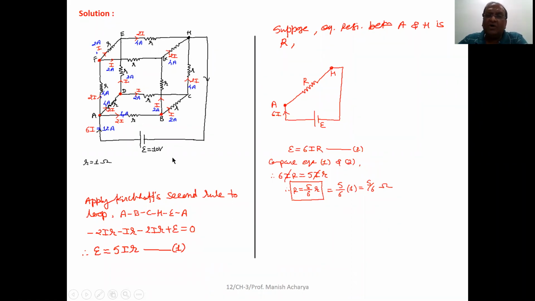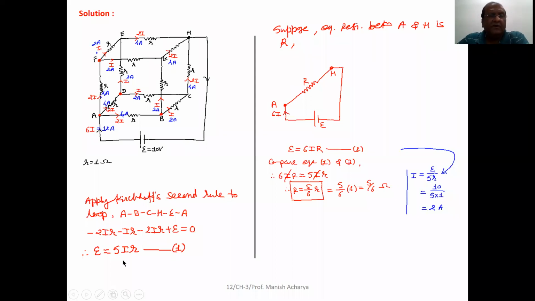But the value of small r is given to you as 1 ohm. So we can write the equivalent resistance R is equal to 5 by 6 ohm. Clear to all of you up to this one?